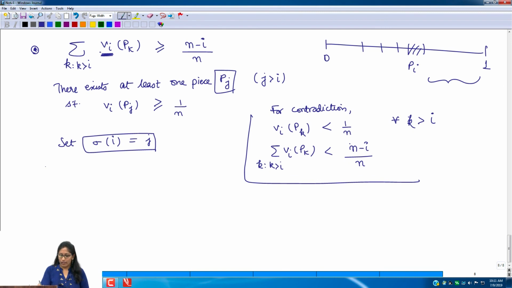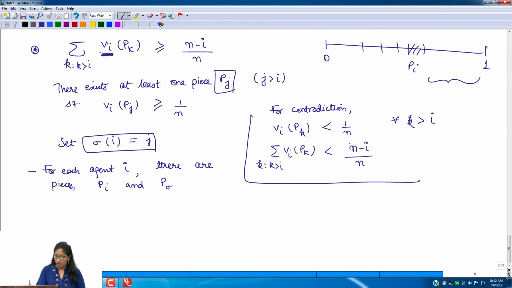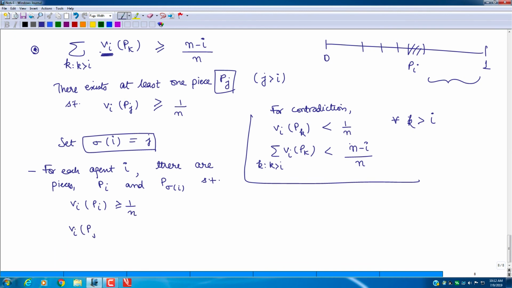So for each agent i, there are pieces pi and p of sigma i such that both of them are valued at least 1 by n. Right? This is clear?